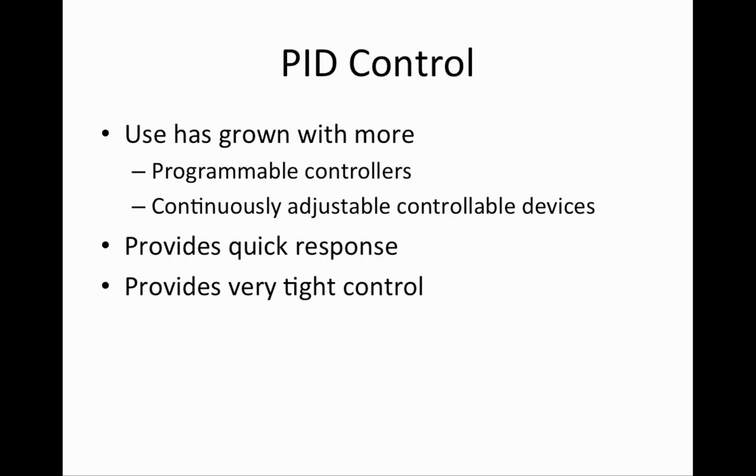So the use of PID control has grown with the use of programmable controllers and more controllable devices that can have continuous adjustment. And PID control can provide very fast response and very tight control.